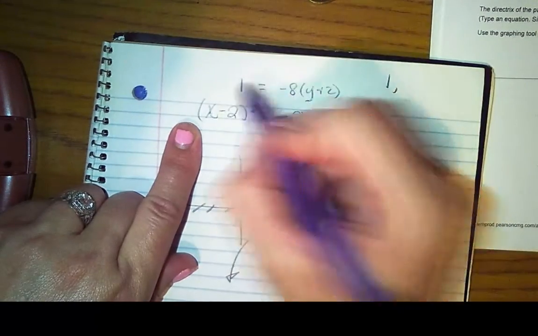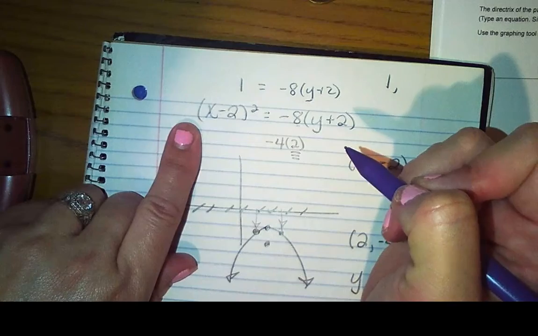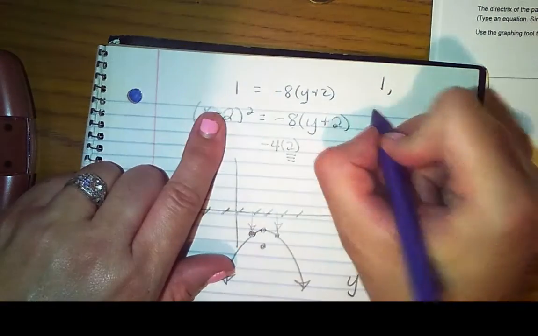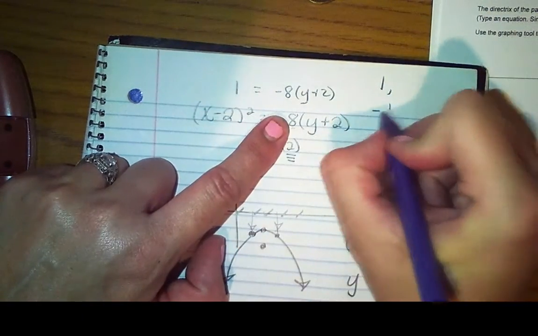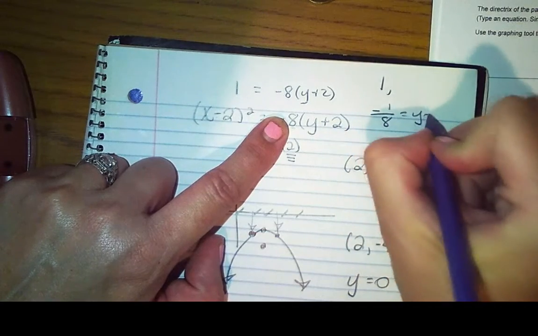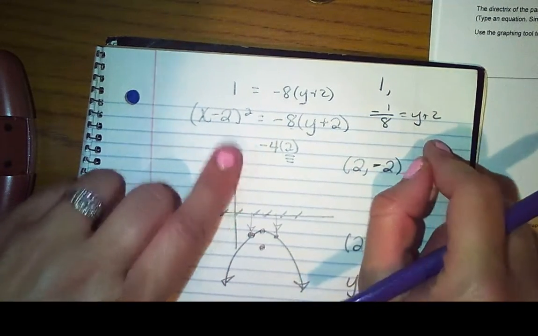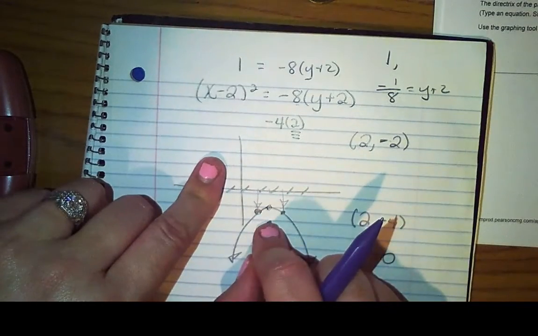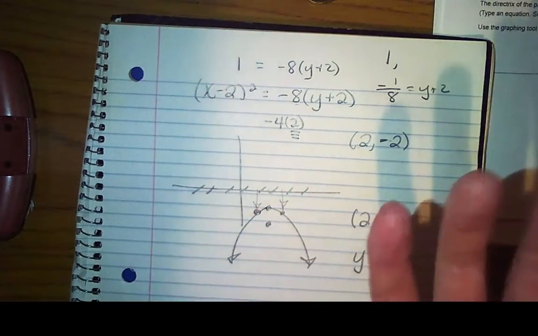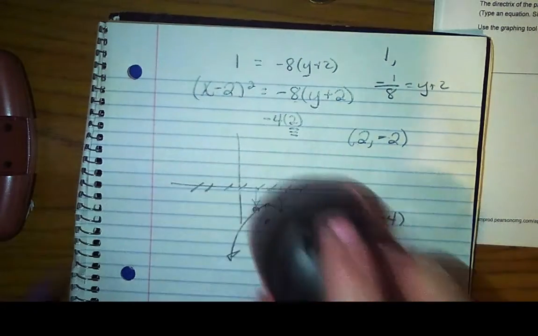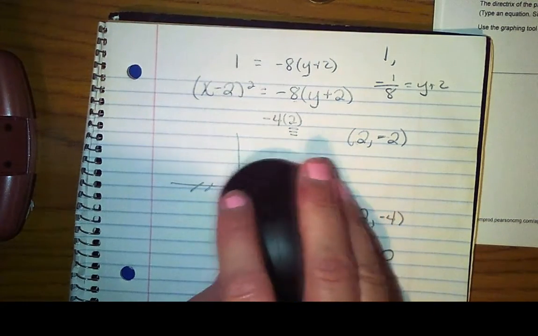Divide both sides by negative 8, so I've got negative 1/8 equals y plus 2. Then you can subtract 2 from both sides. So find one that doesn't give you a fraction because it's messy. Anyway, that's what you're going to do. I can't remember if you have to do that or not. That ends this video, and we'll do the last few in a second.